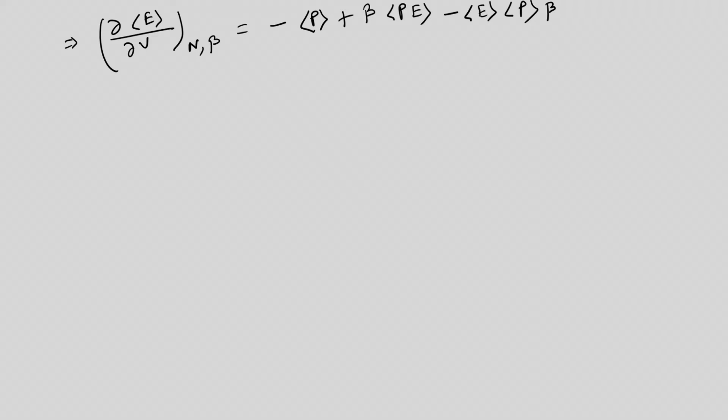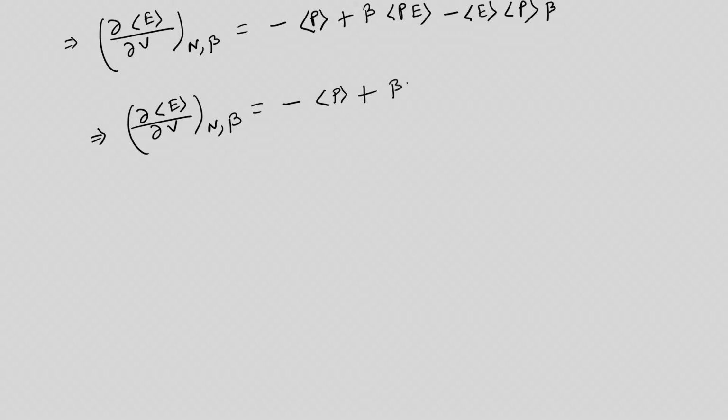So we can write del E average by del V in beta is minus P average plus beta P times E average minus beta E average times P average.